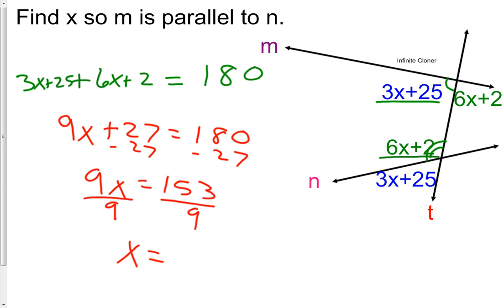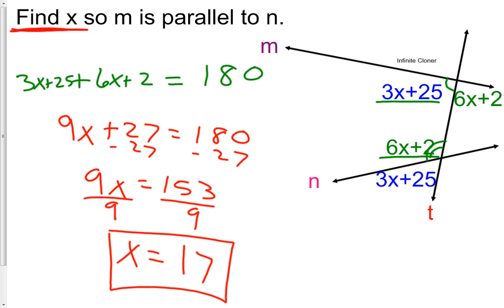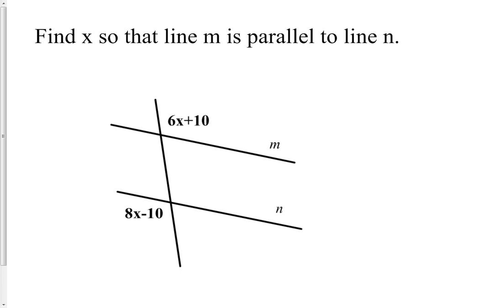So 153 divided by 9 is 17. So this is our answer because it just says solve for x or find x. But if I wanted to find the angles, of course I would just substitute 17 into there and substitute 17 into there.